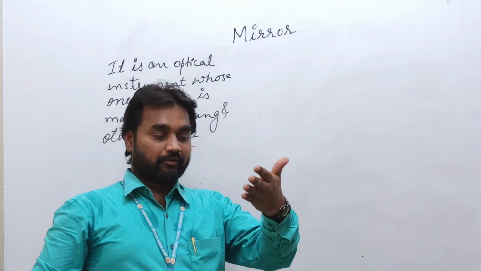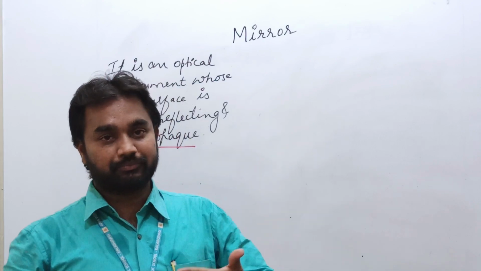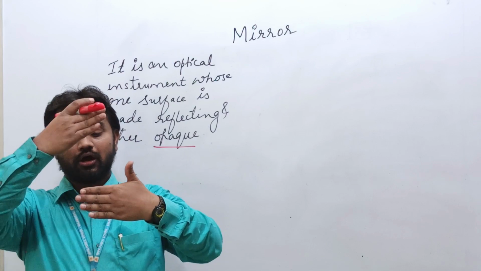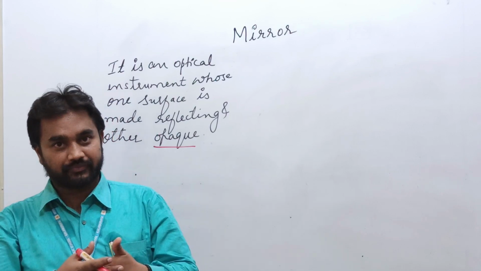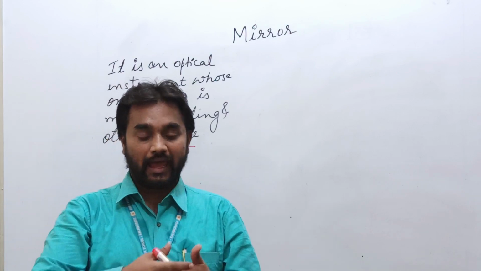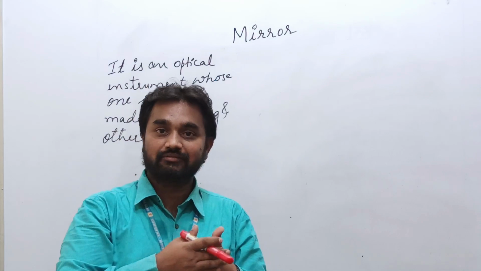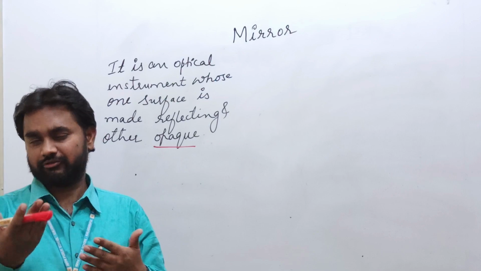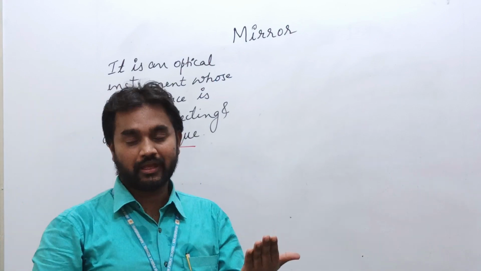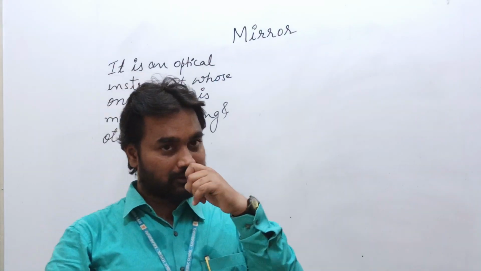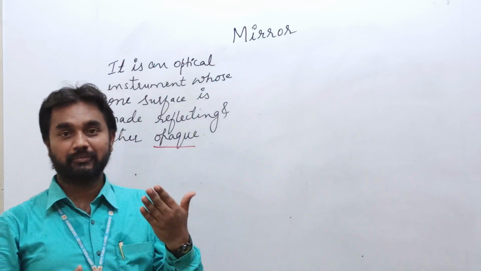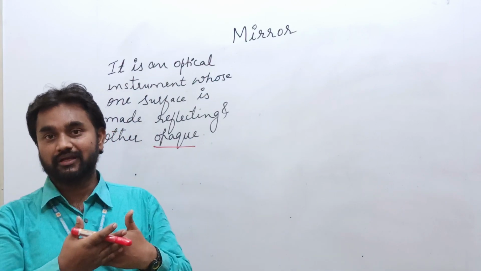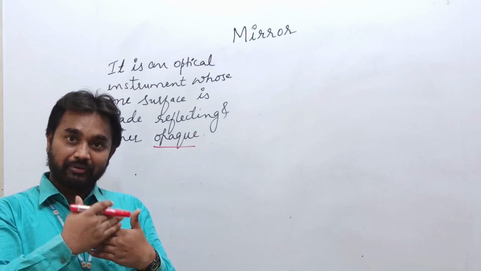Why? They take a transparent piece of glass and do a silver coating on it, and that silver coating is protected by a red paint or a grey paint. If you take any mirror and see the back of it, you could see some painted grey and some red.